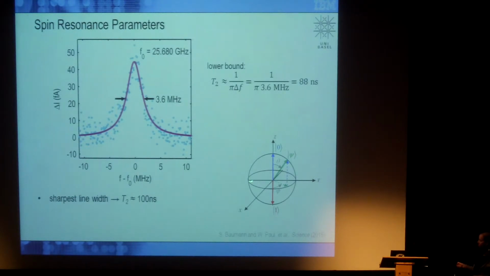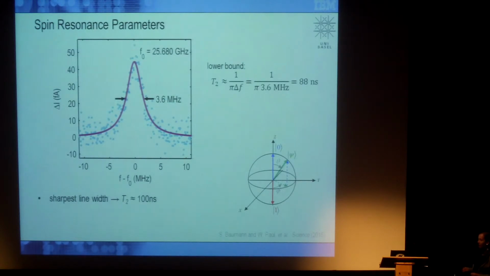The T2 time is the dephasing time of the spin rotating. In our case, this is usually driven a little bit more than a good driving, so this is a lower bound.